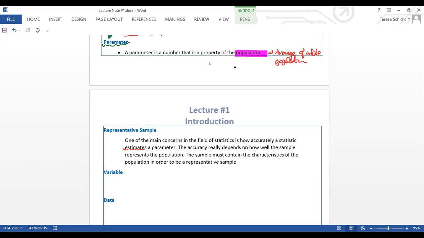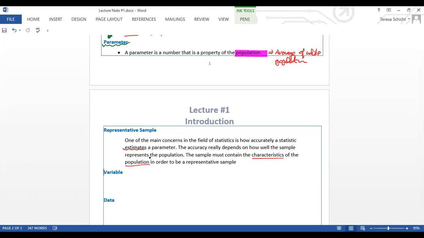So the best way here, you might want to take a sample in different spaces, different places, so that the sample contains the characteristics of your population. That means you cannot have a biased sample that only covers a certain part of the population.